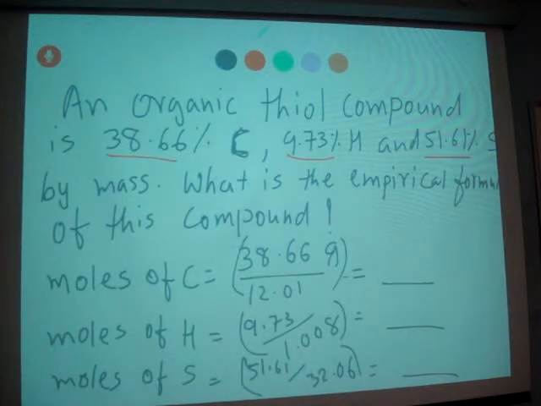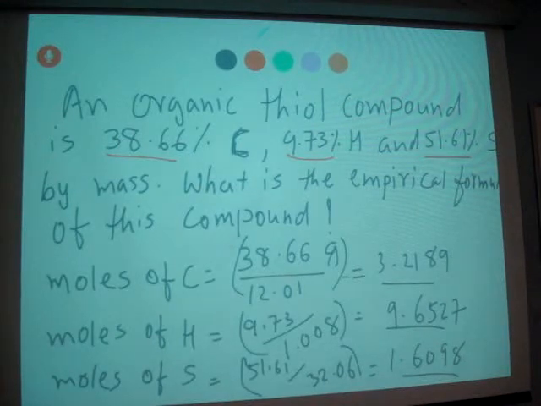38.66 divided by 12.01. So 3.2189. Let's say I'm taking all those digits. 9.73 divided by 1.008. 9.6527 and 51.61 divide by 32.06, you get 1.6098.